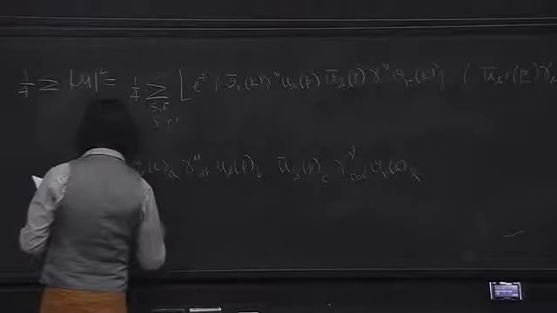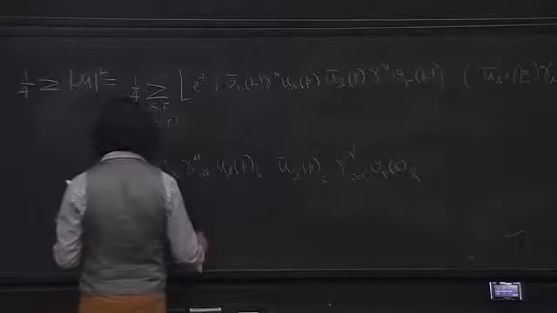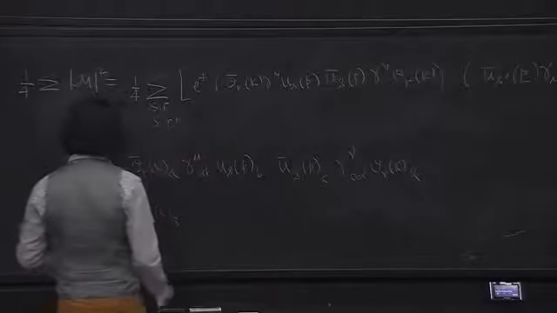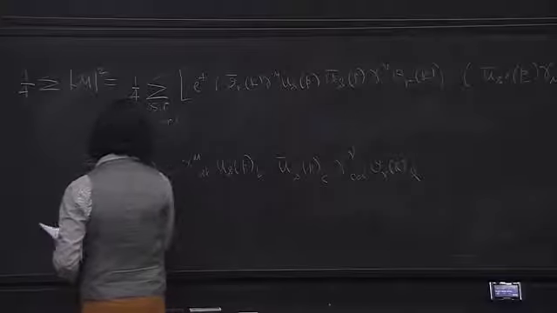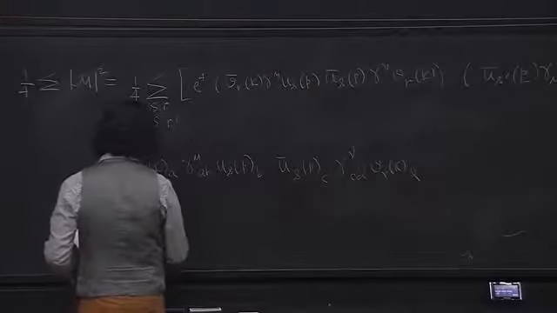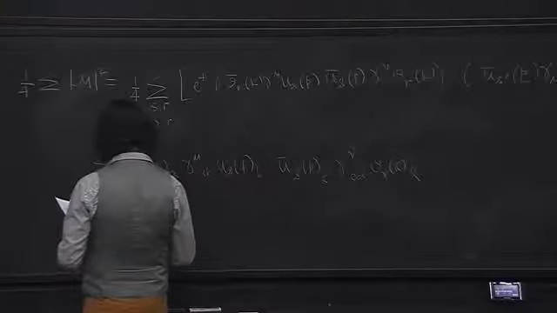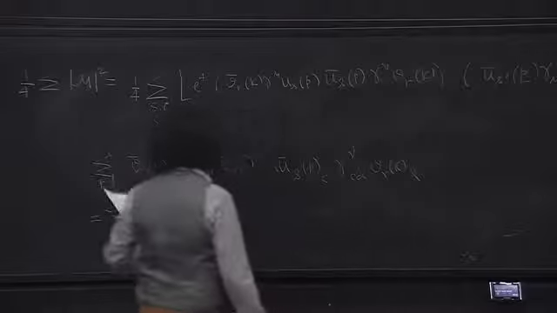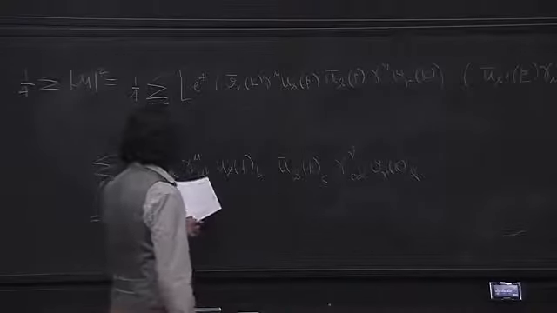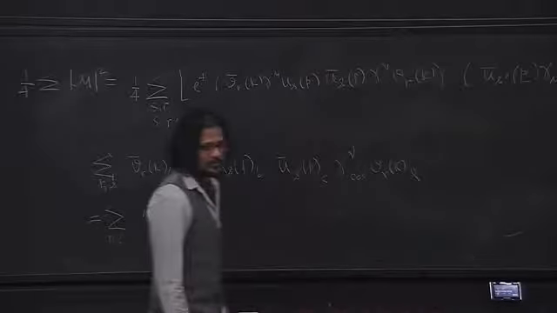So V R of K of A, V R of K of D. So I bring this guy over here because now that I have exposed all their spinor indices, we can move all factors around with impunity, right?